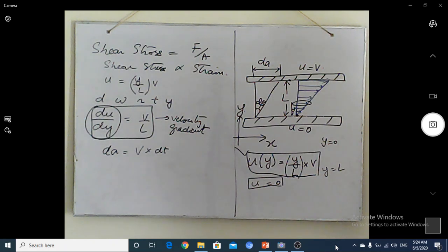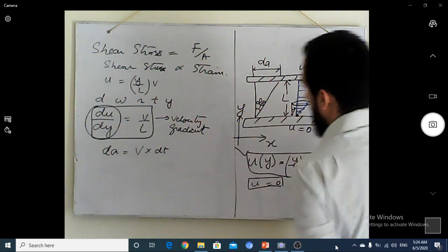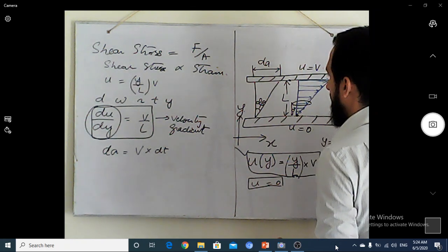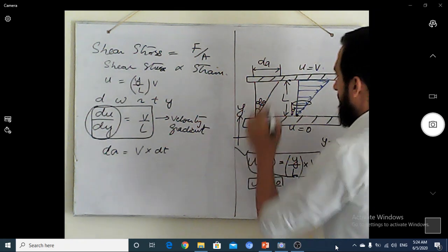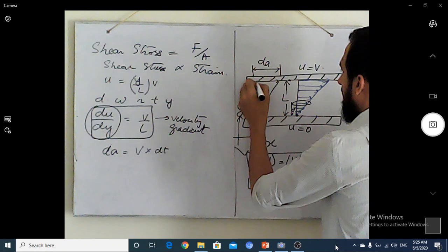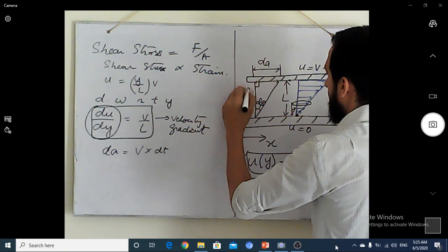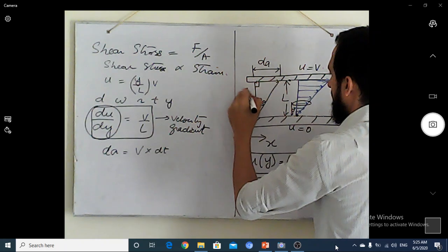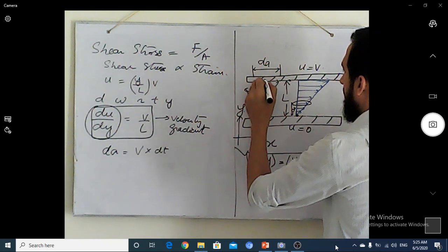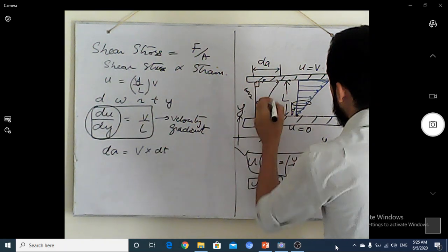So when we consider this angle, we consider this triangle. This is the base, this is the perpendicular, and this is the hypotenuse.